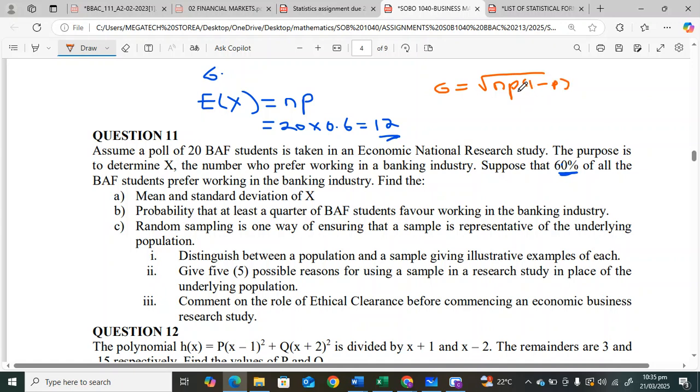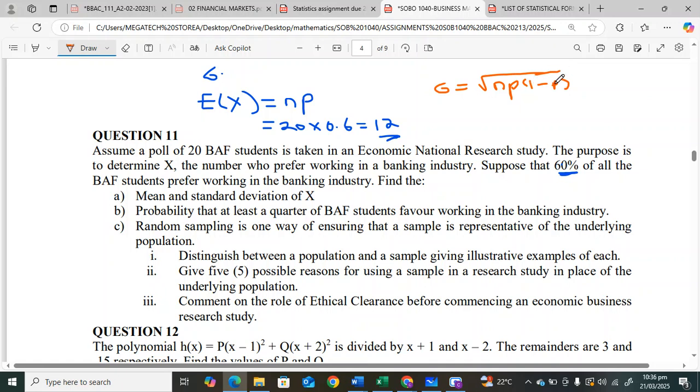This p, as I said, represents the probability that a student prefers working in the banking industry. This 1 minus p represents the probability that a student doesn't prefer working in the banking industry.